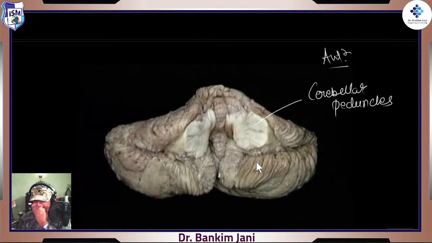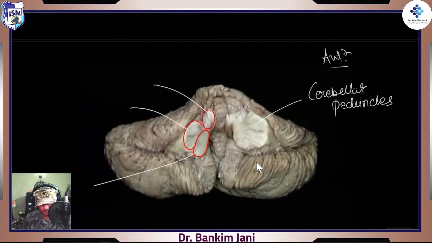And now this is the right time to divide them, so we can change the color. This one is 1, this one is 2, and this one is 3. Immediately we'll say that they are the superior, middle, and inferior cerebellar peduncles.